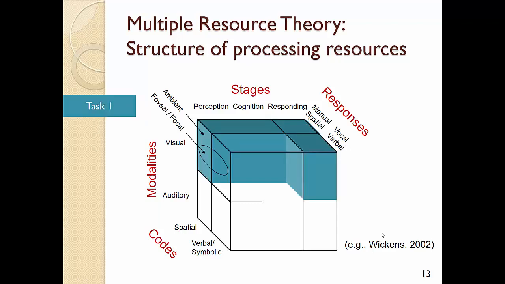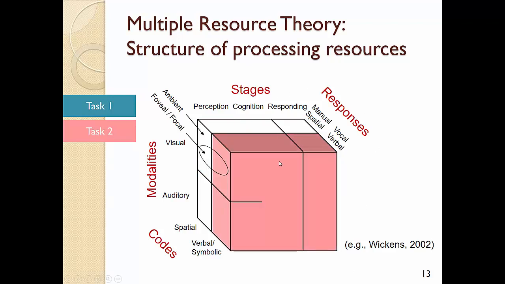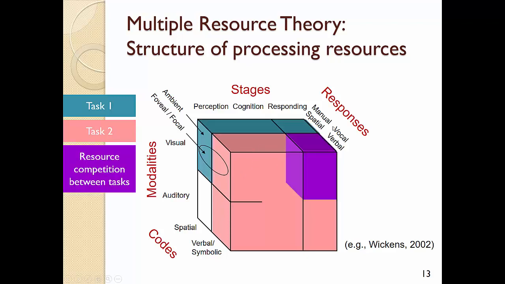So if you have a task that consumes these resources, and you might say, this is driving, where I need vision, and I'm just making that up, you can call that task 1, and then here's task 2, and where you can see their overlap, this is where you're going to have competition for that single pot of soup that represents this quadrant of resource, or this three-dimensional space that is that resource there.